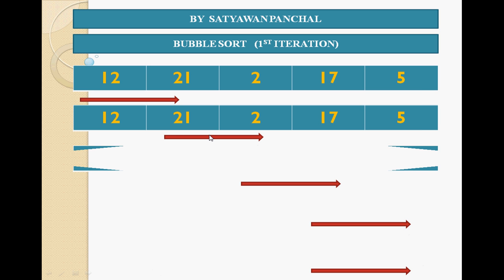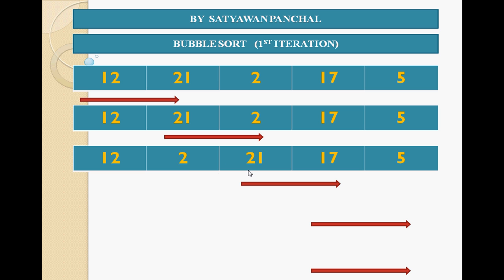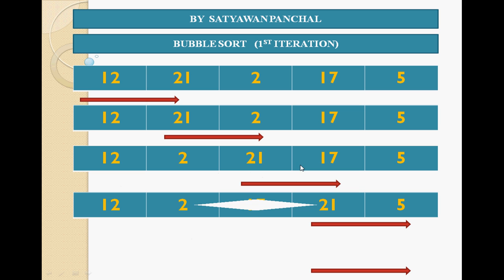Okay, so 21 will be shifted to the position of 2, and 2 will be swapped to the position of 21. Now in the next step 21 will be compared with 17, and we can see 17 is smaller, so 21 will be shifted to the right, and as we can see here 17 is here and 21 is here. Now in the next step 21 is compared with 5, and 5 is shifted to the left as 21 is larger than 5.